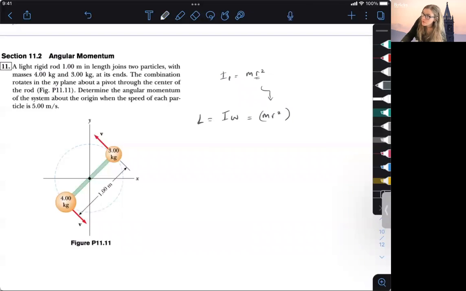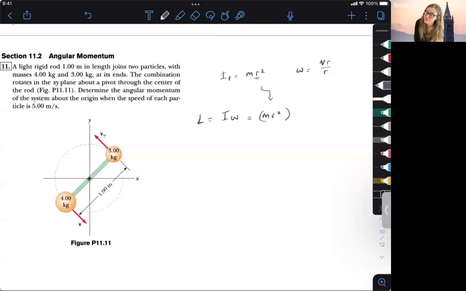Then for something that's rotating, we can model it with a tangent velocity. We can turn the angular velocity into a linear velocity by taking the tangent velocity divided by the radius. So if this is some v tangent that's moving around, we can relate it to the angular velocity by dividing by the radius it's rotating around.